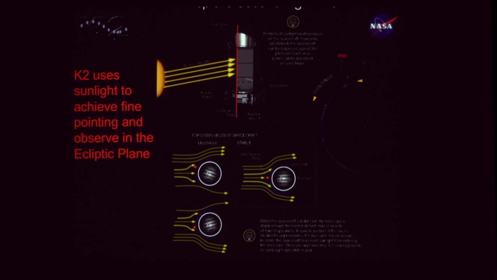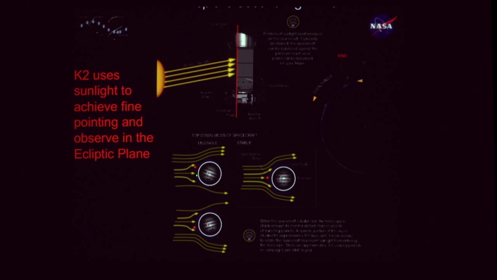So some clever engineers came up with this concept to use the solar cells that are collecting energy for the spacecraft. Can you kind of see this outline of blue over here? That blue right there is actually the solar cells, and they were using the solar wind pushing on the solar cells to balance the telescope.